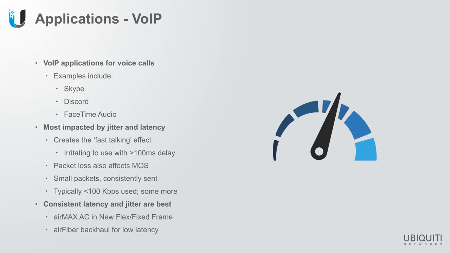I'll go into the latency difference between those two shortly, but either one of those is very capable of supporting a large number of clients that are all using VoIP and other real-time applications, as well as non-real-time applications at the same time.